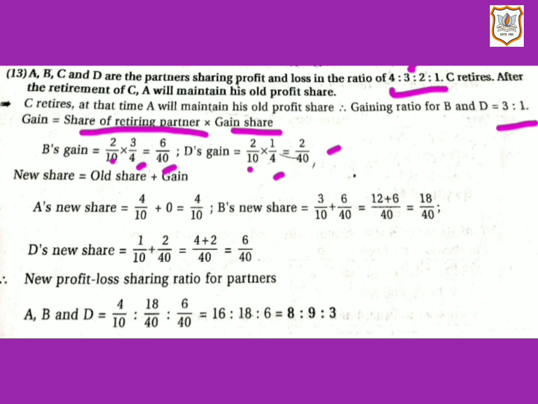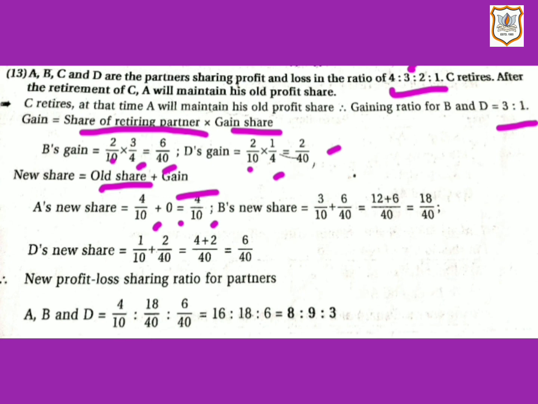Now we will find out the new share. New share is equal to old share plus gain. Here A's new share is equal to 4/10, that is A's old share, plus 0, as it is mentioned that A is gaining nothing. So here we will take 0, and we get 4/10 as A's new share.